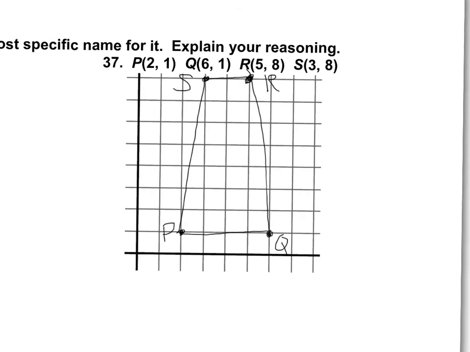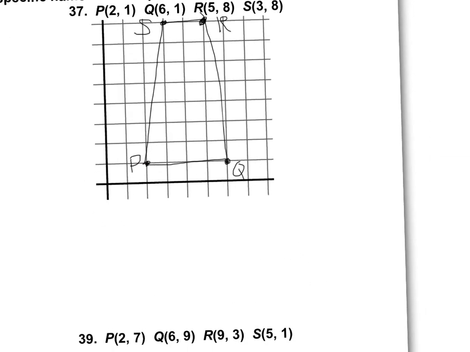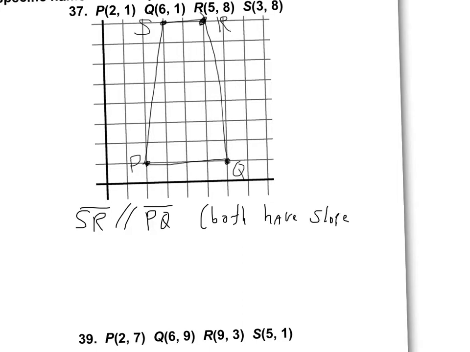And I don't know if you really need to count the slopes there. I think we can say that SR is parallel to PQ because both have slope equal to 0. They're both horizontal lines, which is the same slope of 0.